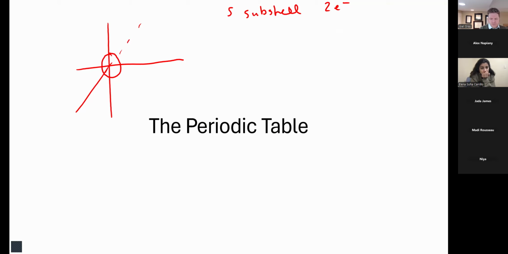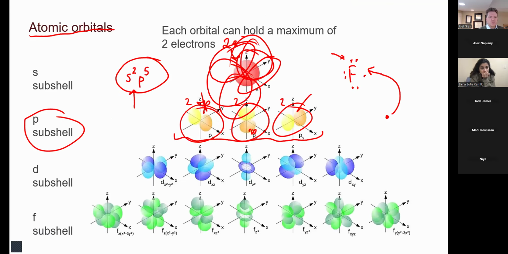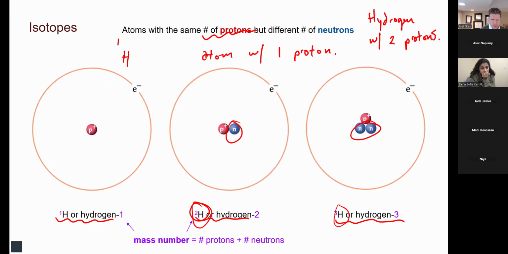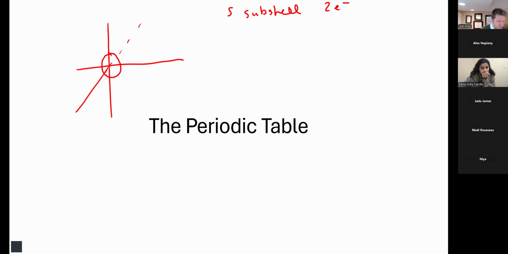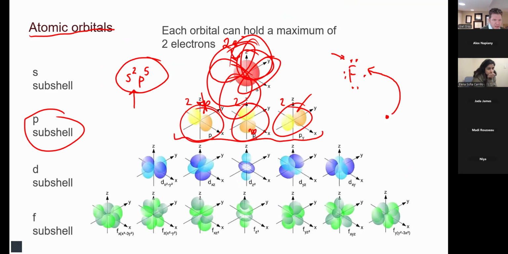After our S subshell, we go on to the P subshells. The P subshells are a little bit confusing, and I apologize for toggling back and forth. If you look at this one right here, it's hard to see because somebody wrote over it.